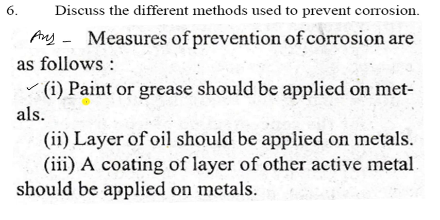Now question number 6, discuss the different methods used to prevent corrosion. That one is your answer. You have to write the measures for the prevention of corrosion are as follows.